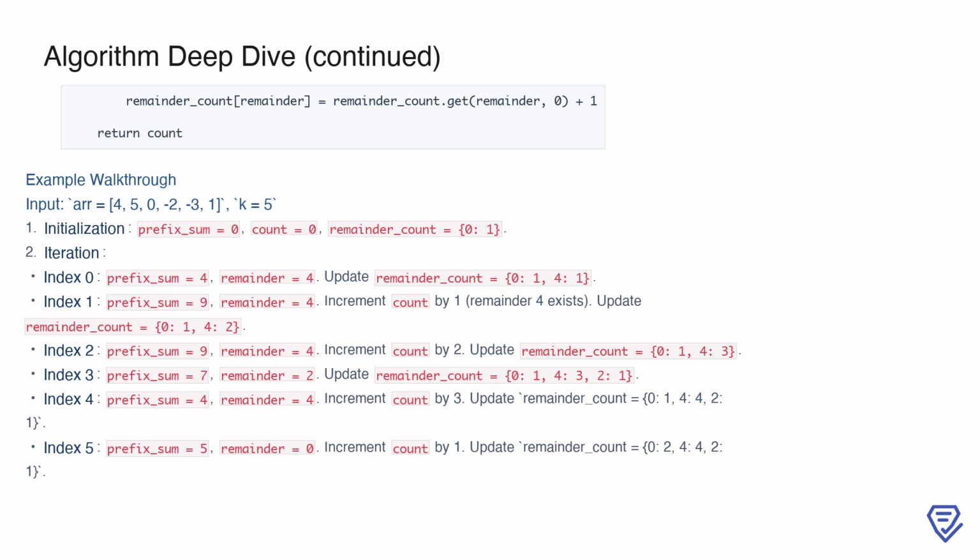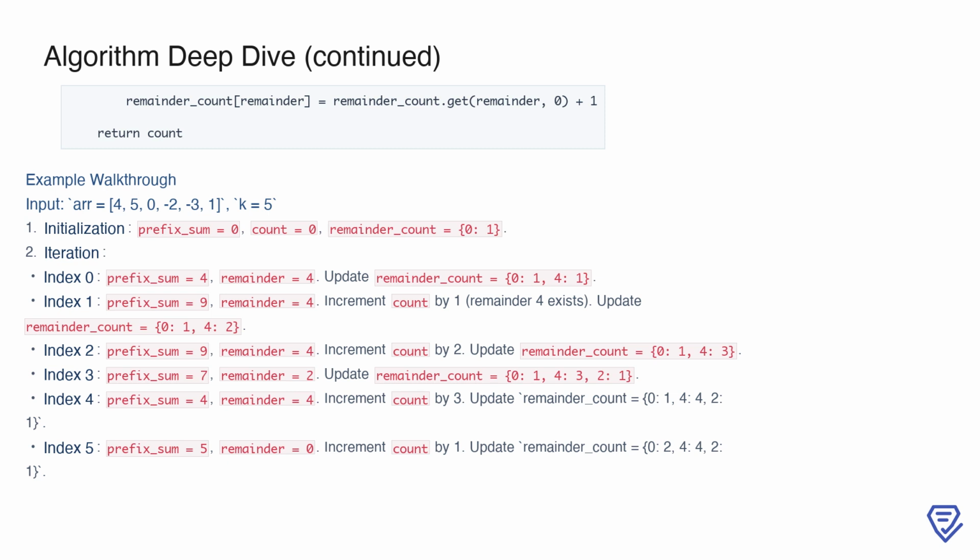Next, we check if this remainder already exists in the hash map. If it does, we increment the counter by the frequency of this remainder, since that many subarrays ending at the current index are divisible by k. Then, we update the hash map by incrementing the frequency of the current remainder. After processing all elements, the counter will contain the total number of valid subarrays.